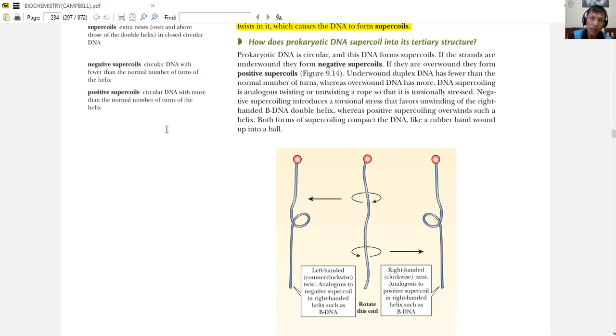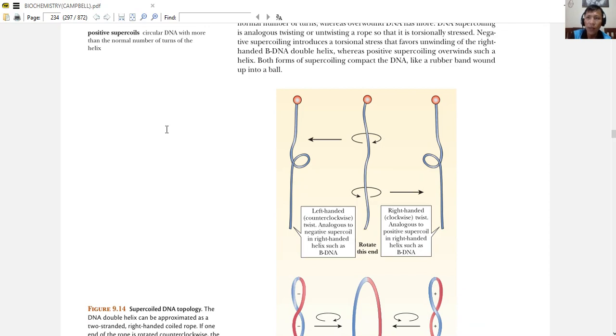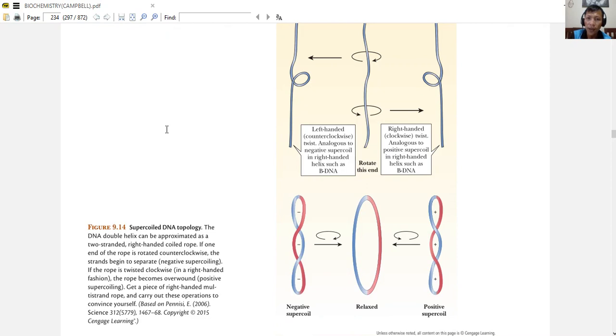You can see, if you are on a positive supercoil, you need more energy because the DNA is more compact than usual, more than a non-coiled DNA or a negative supercoil.